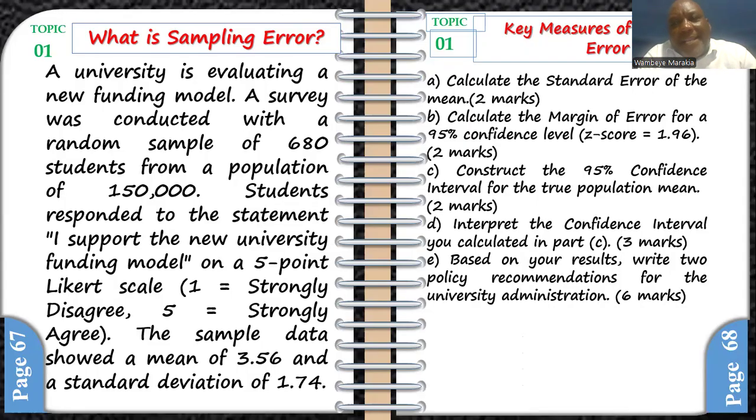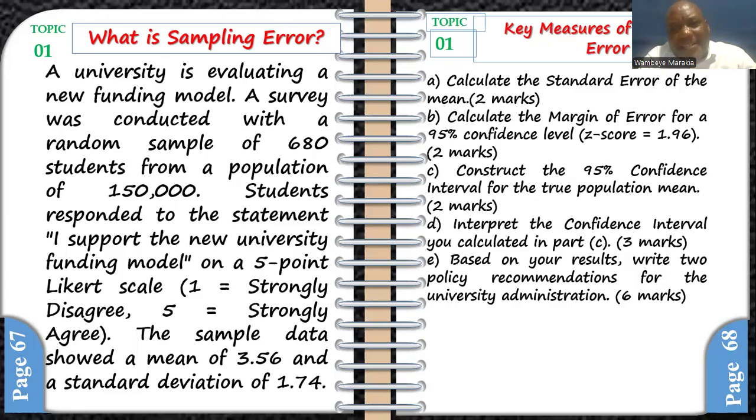Part B, calculate the margin of error for a 95% confidence interval, where the Z-score equals 1.96. Part C, construct the 95% confidence interval for the true population mean.